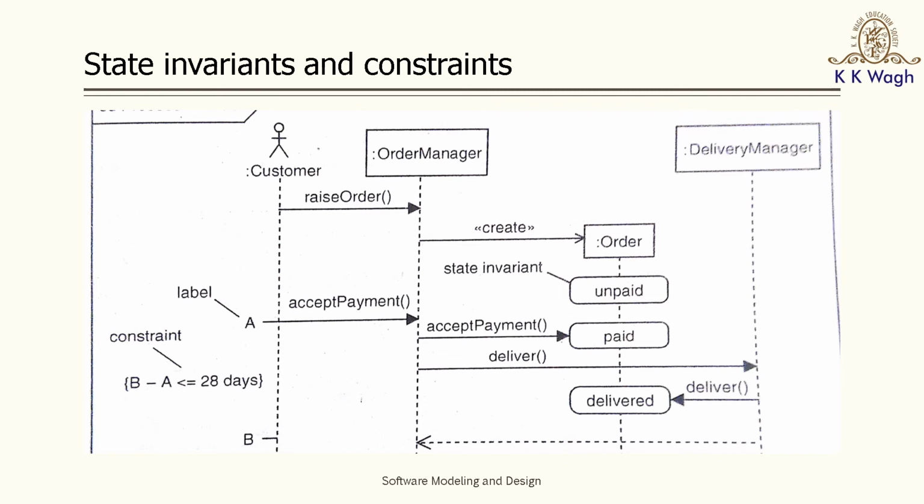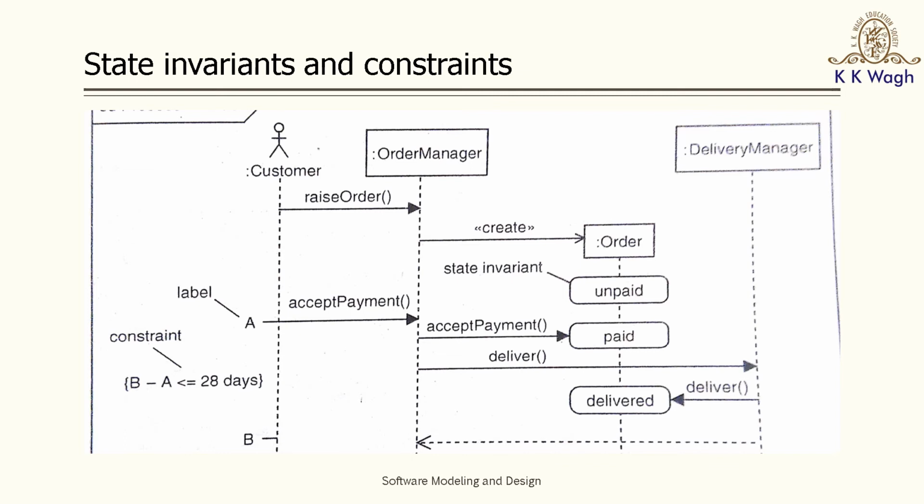So these are all state invariants: unpaid, paid and delivered in this case. If the order class also has a state machine, the states in that machine must correspond to any state invariants it may have on its sequence diagram.